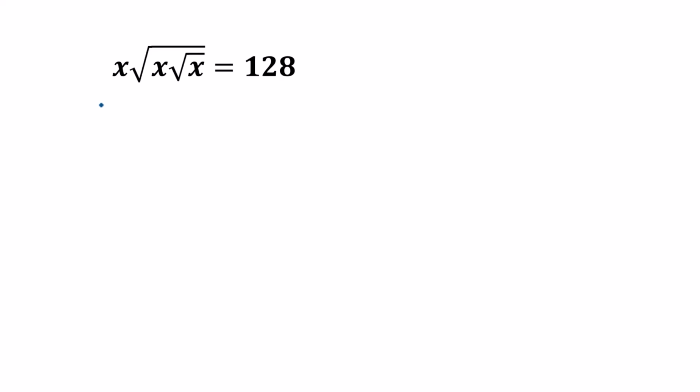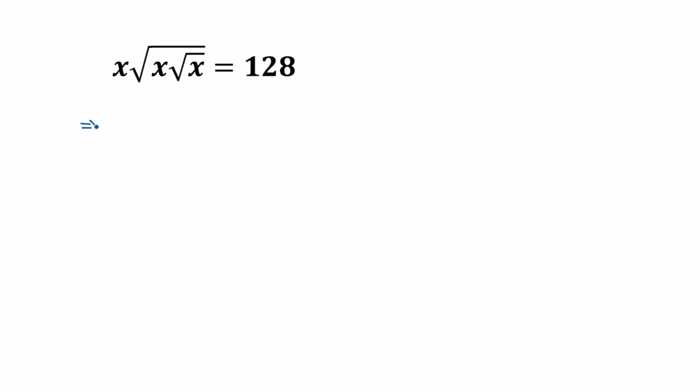Hello everyone. In this video, I am going to show how to find the value of x, where x times square root of x times square root of x is equal to 128.